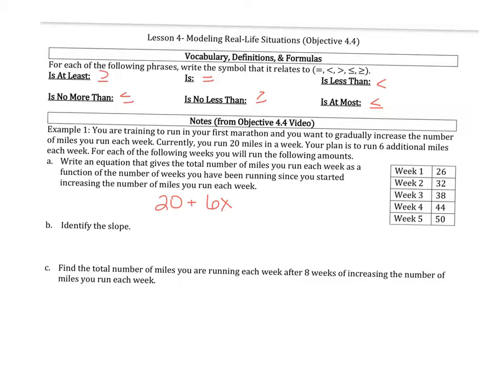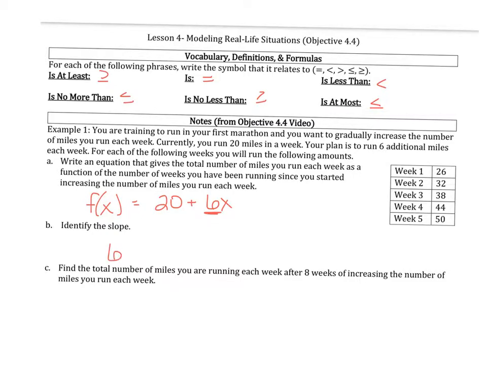Since it asks us to write this as a function, we are going to do f of x equals 20 plus 6x. And f of x is going to represent the total number of miles, and that equals the 20 we already run plus 6 times the number of weeks. Our slope of this situation would be the number with x, so it's going to be 6.